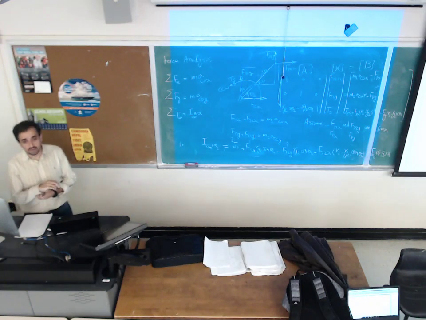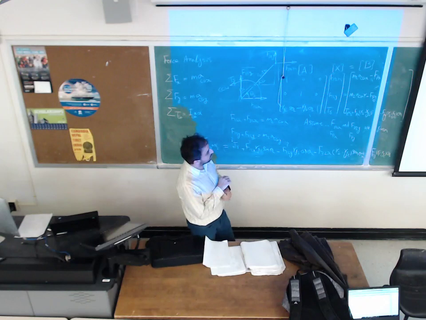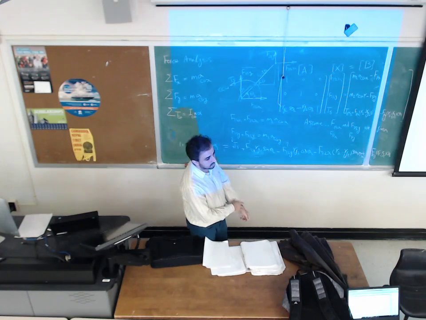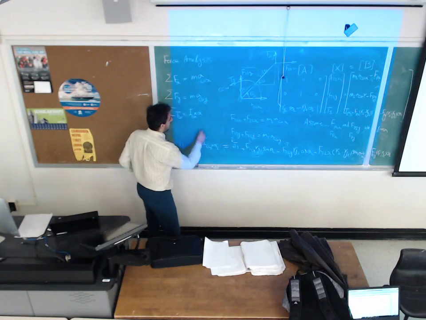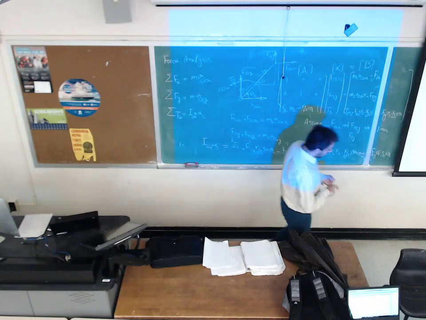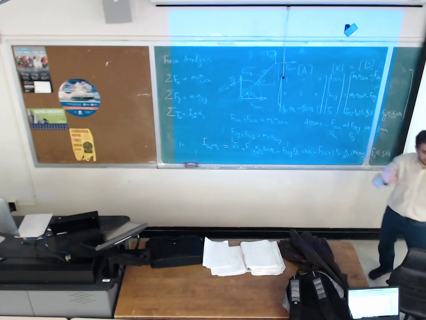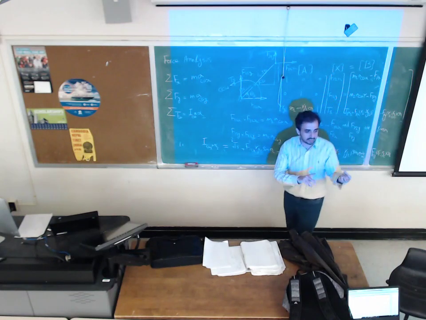Alpha 2 is just theta 2 double dot. Yes, alpha 2 is the angular acceleration. It's an input that you have to provide. When we did the velocity and acceleration analysis, the input angle, angular velocity of the input link, and angular acceleration of the input link were given.